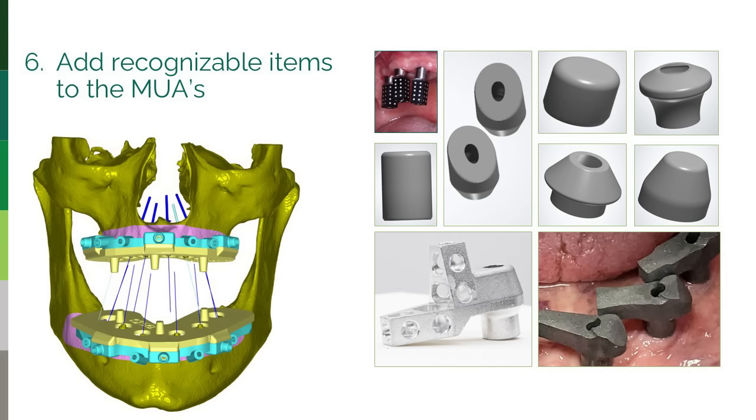So let's just say you're going to do an ICAM scan. You put your ICAM scan bodies on the MUAs and capture your ICAM. You can do that with or without the scan guide on. Then you'll come back, put on your suture caps, and scan it again. That's it.